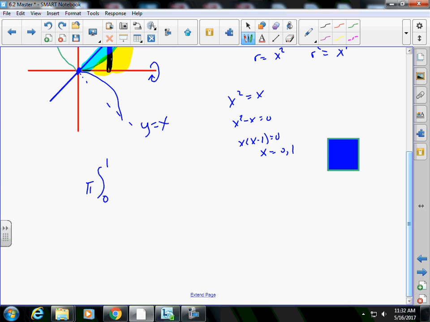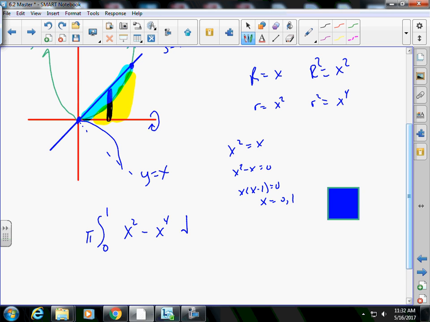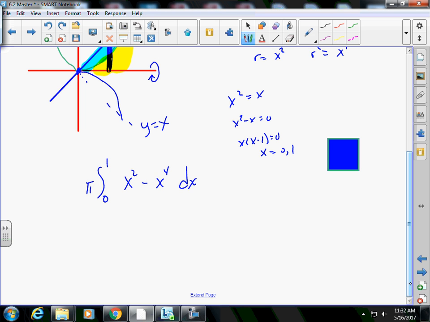Still need a pi. We said that big R squared was x squared. Subtract little r squared, which we said was x to the fourth. We calculated that up here. And that's going to be in terms of dx. I'm going to integrate. I get x cubed over 3 minus x to the fifth over 5.